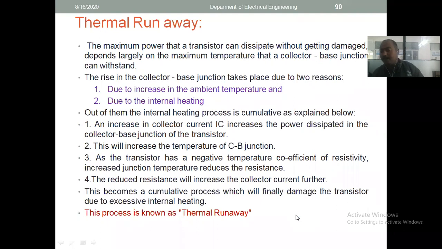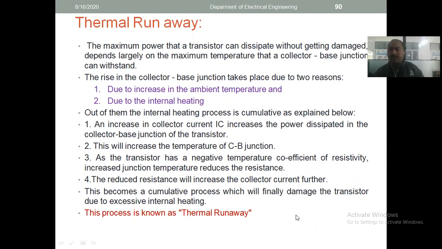So what is the effect? The combined effect of the increase in temperature of the device is damage to the transistor. This is how the thermal runaway process actually happens.